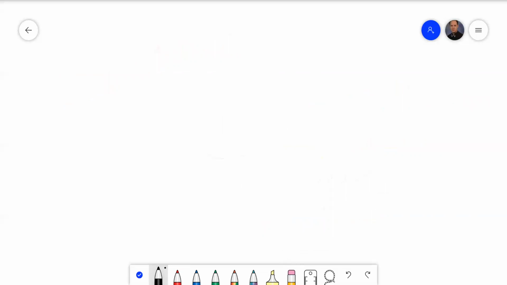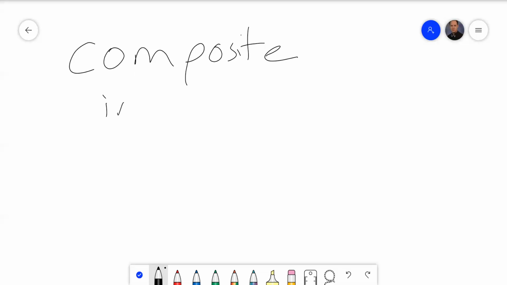Things to remember about bones. First of all, bones are both hard and flexible. Bones are composites. Composite means that we're made up of multiple materials so that we can get the properties of each of those materials. There is both an inorganic part of bone and an organic part of bone.